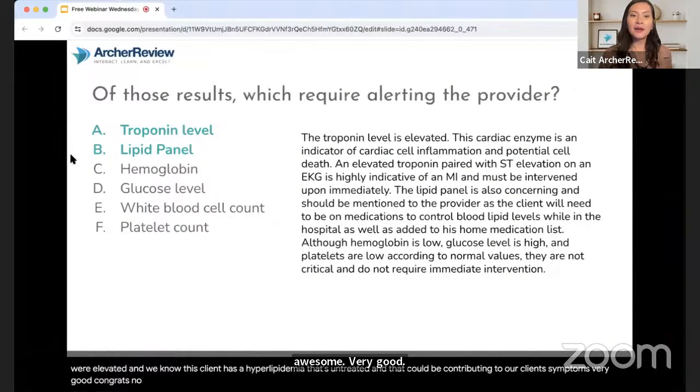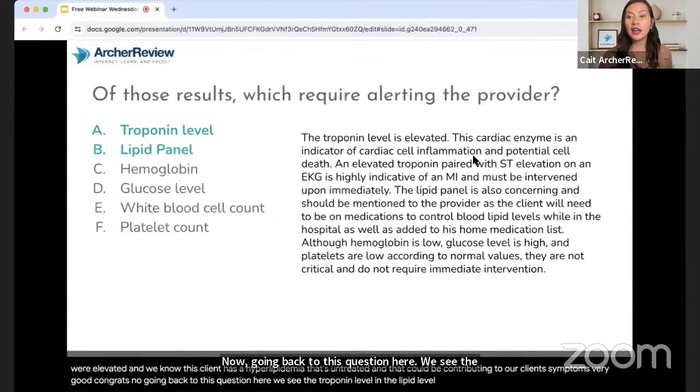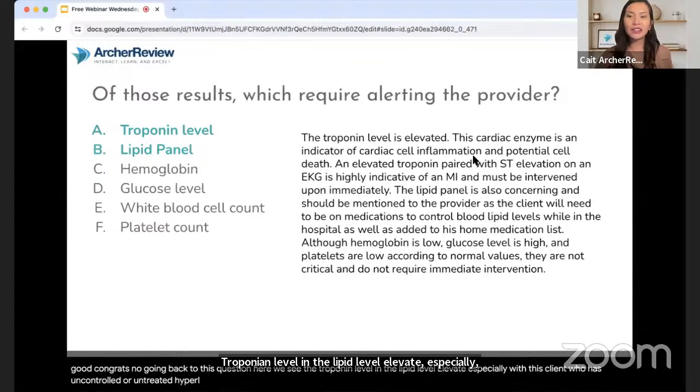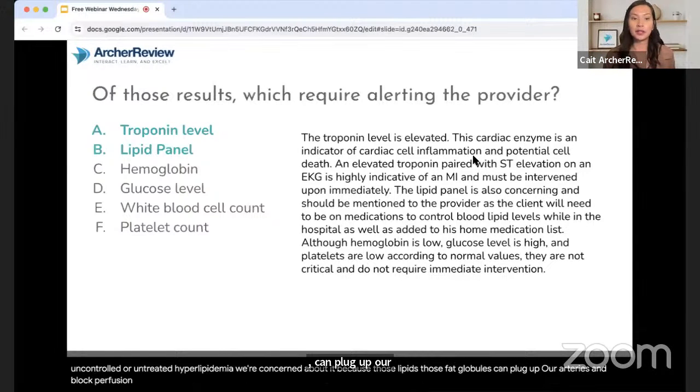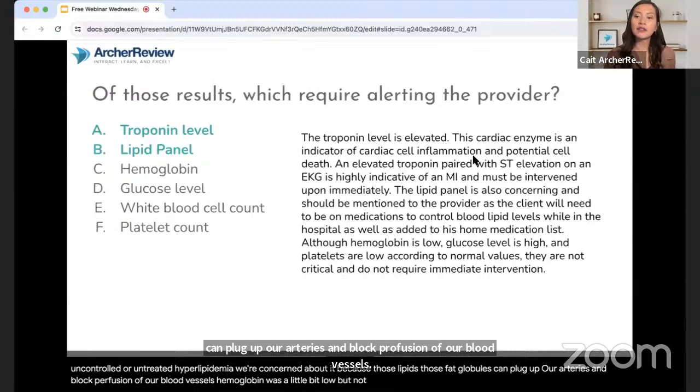Now, going back to this question here. We see the troponin level and the lipid level elevate, especially with this client who has uncontrolled or untreated hyperlipidemia. We're concerned about it because those lipids, those fat globules, can plug up our arteries and block perfusion of our blood vessels. Hemoglobin was a little bit low, but not low enough for us to transfuse a client.